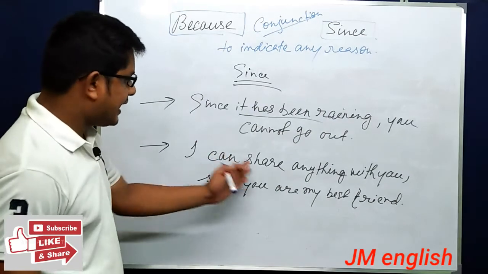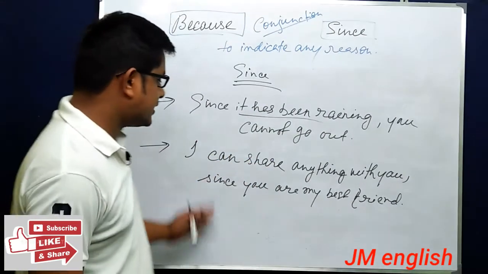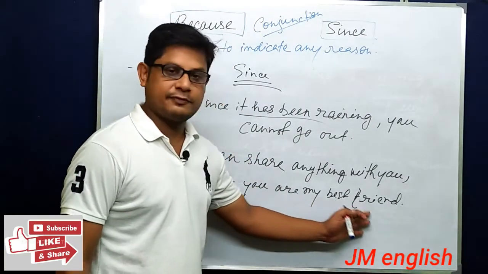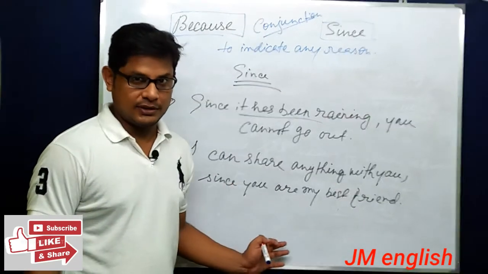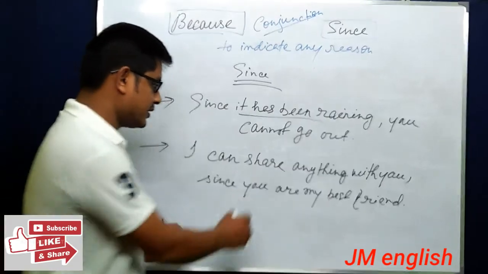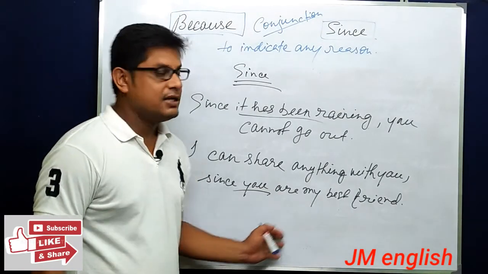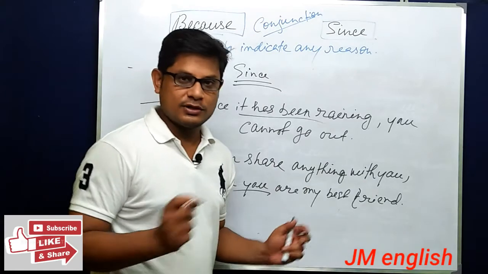Okay, I can share anything with you since you are my best friend. So in this sentence, again, the reason is not so important because the reason is very well known to the person you are speaking to. So this is how you can use because and since.